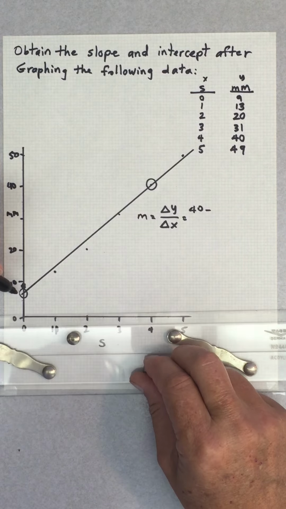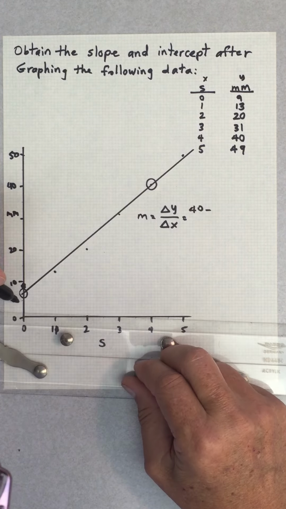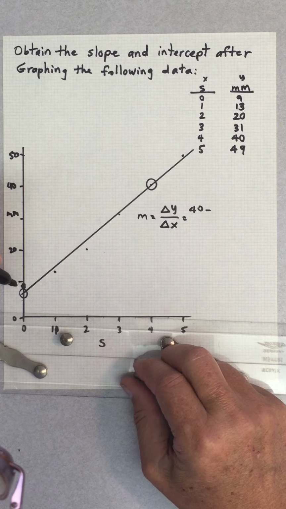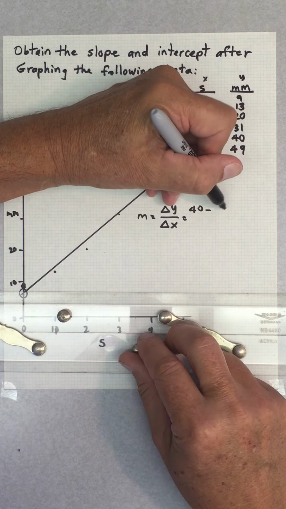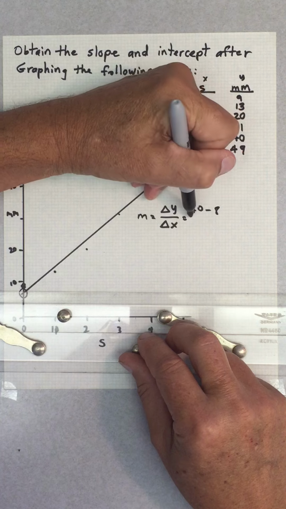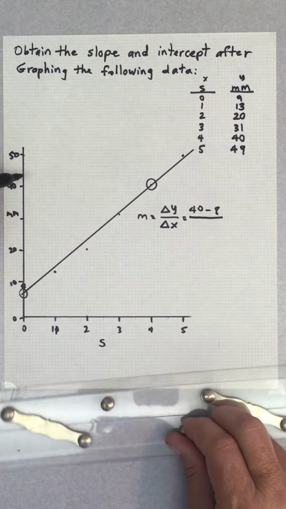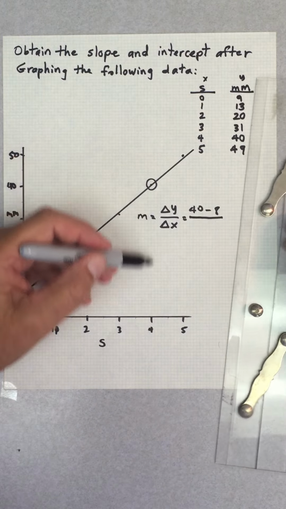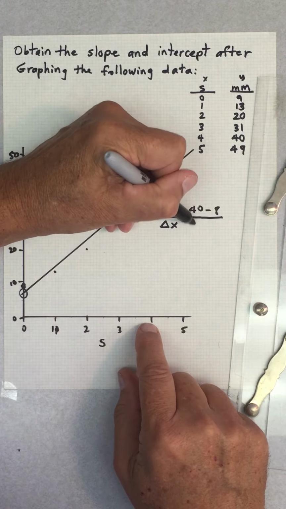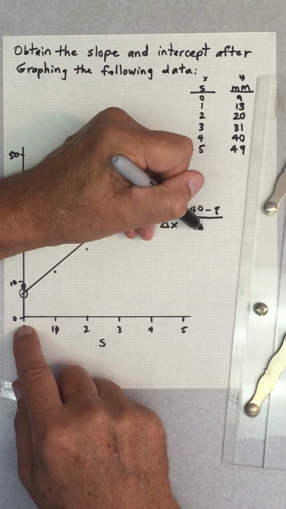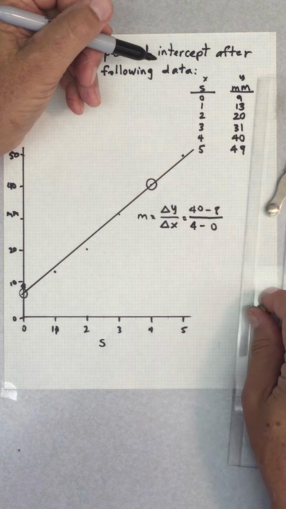And then this one over here is, let's see, 5, 6, 7. I'm just going to say 8. So the data points I used were 4 down here and 0 over here.